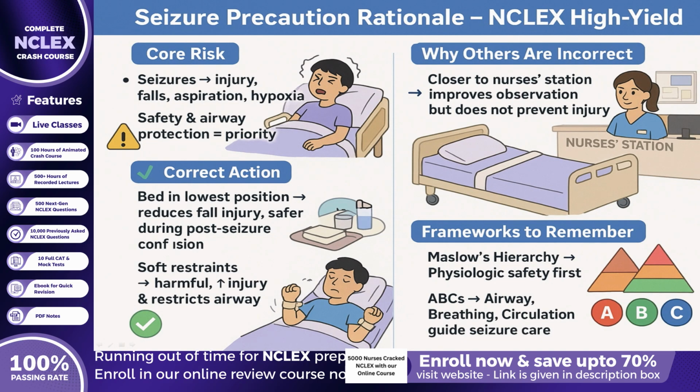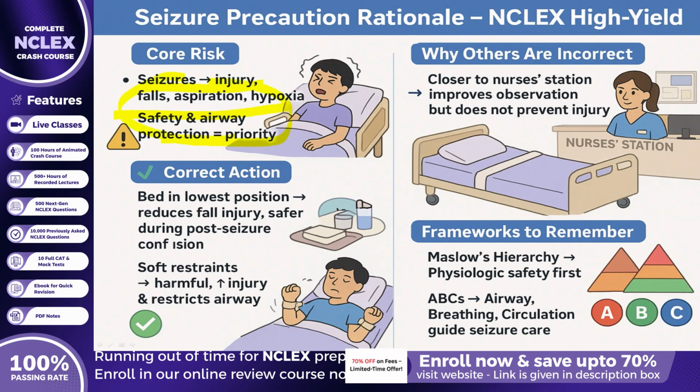Now, let us carefully unpack the rationale to strengthen your clinical judgment. Seizures place clients at risk for multiple complications, including falls, trauma, aspiration, and hypoxia. Nursing seizure precautions are always guided by principles of safety, airway maintenance, and injury prevention.